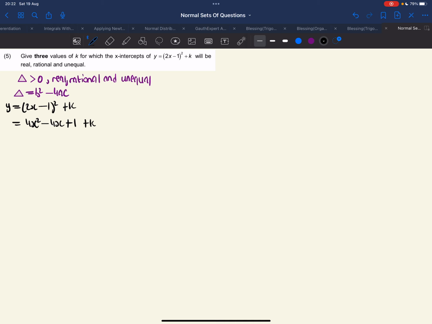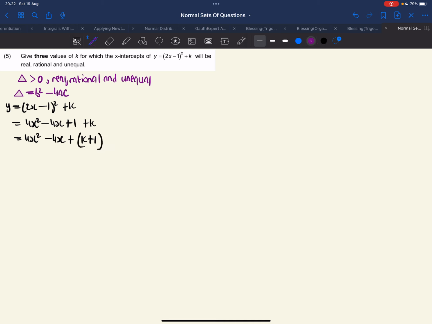Okay, then what we're going to need to do is to find our a, b, and c. To do that, let's just make this equation easier for us to identify those variables. Let's say 4x² - 4x + (k + 1), and then put that in a bracket.